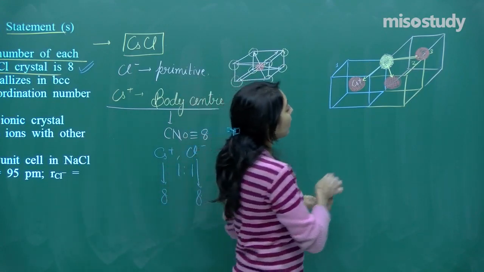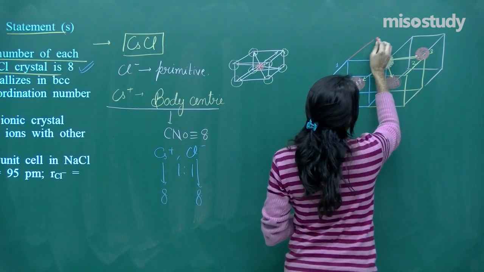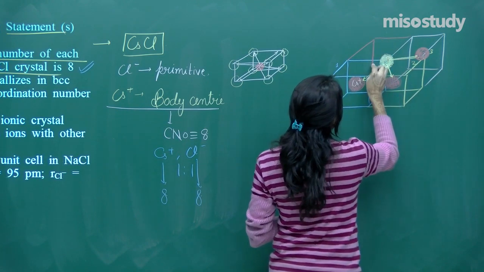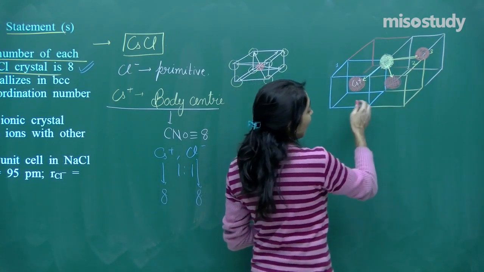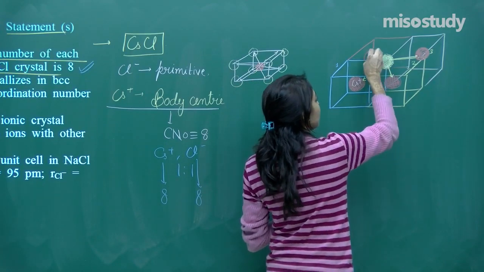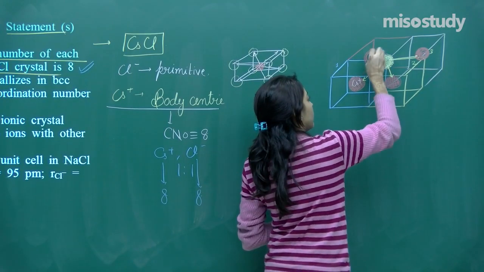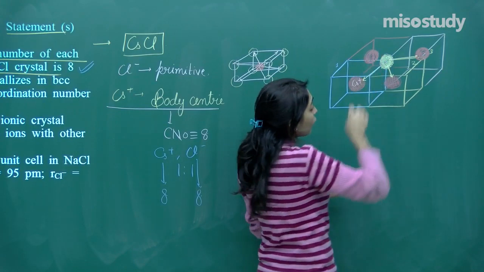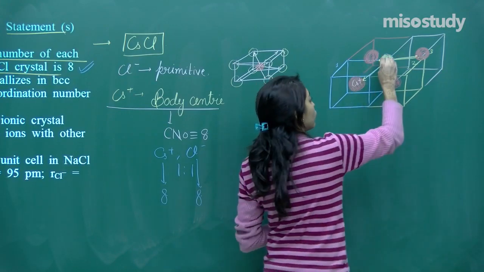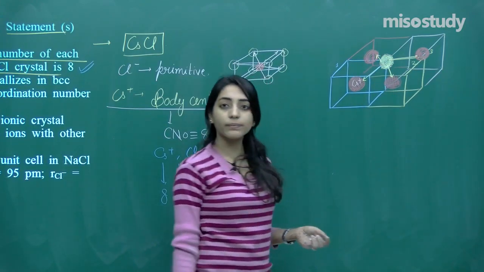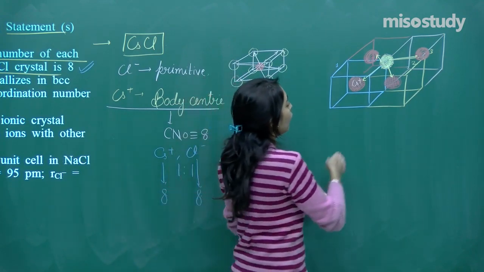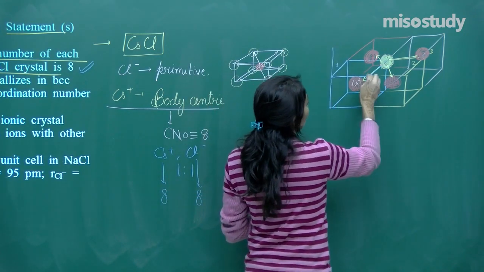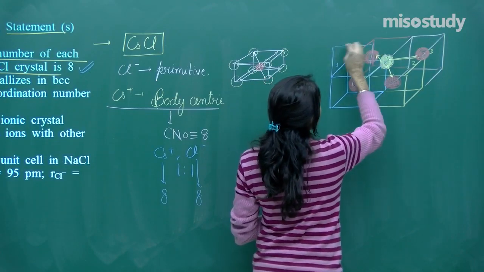There must be another pink cube which I am drawing like this. So this pink cube will also be present there, and there also there will be a cesium atom. And the central chlorine will be in direct touch with this as well. Okay? And finally we will draw another blue cube on the top.